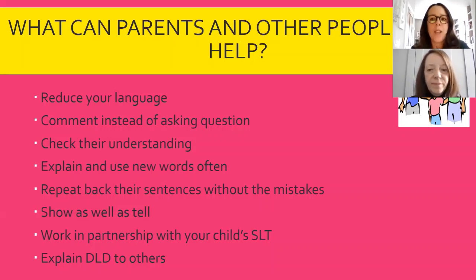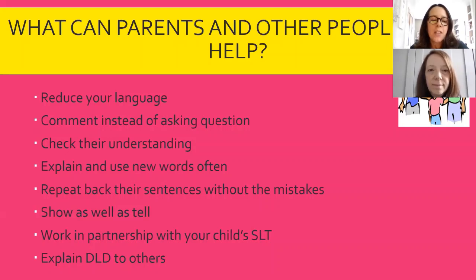So for example, if they said, "I goed there," you'd say, "Oh yes, you went there." It's useful to show things as well as tell them. So demonstrate, model, and draw pictures to help them understand things that you're trying to explain.